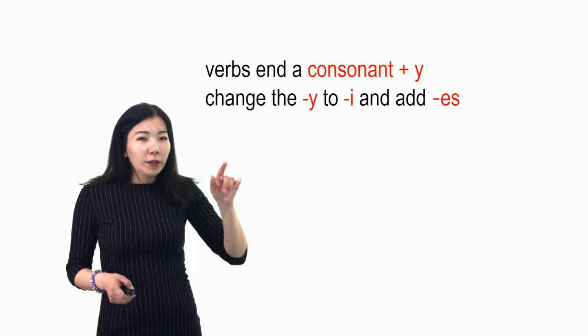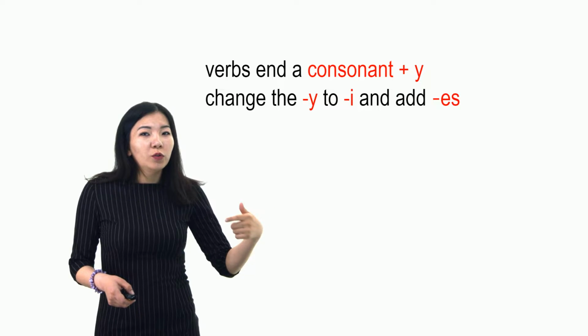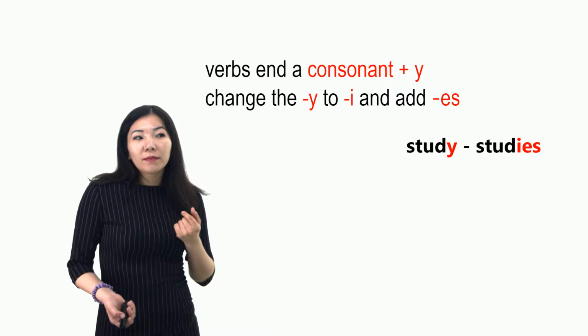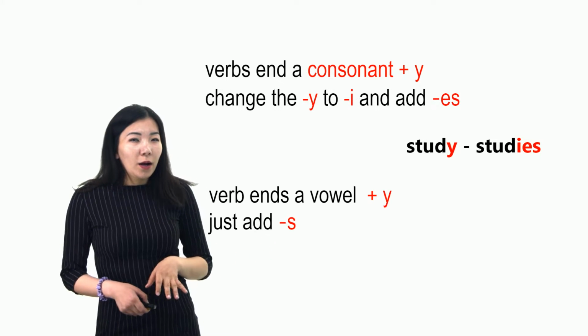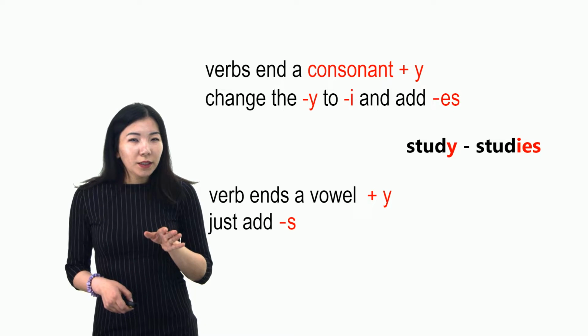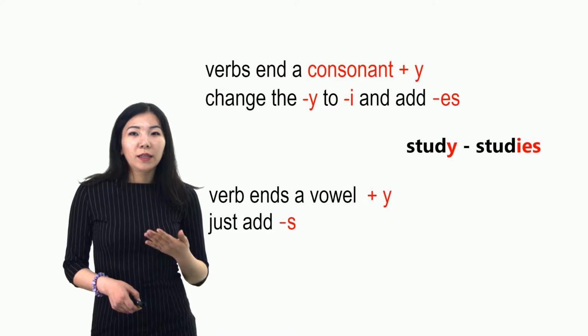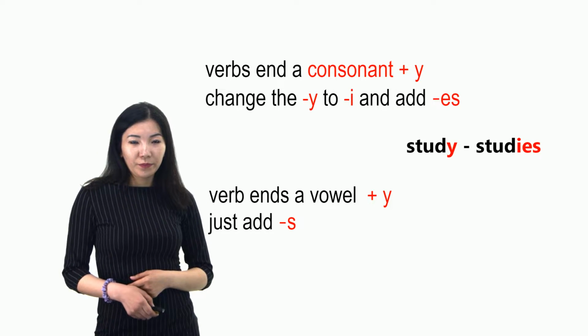And when the verb ends with a consonant before y, we change the y to i and add es. Like study, studies. However, if there is a vowel before y, in that case, we just add s.